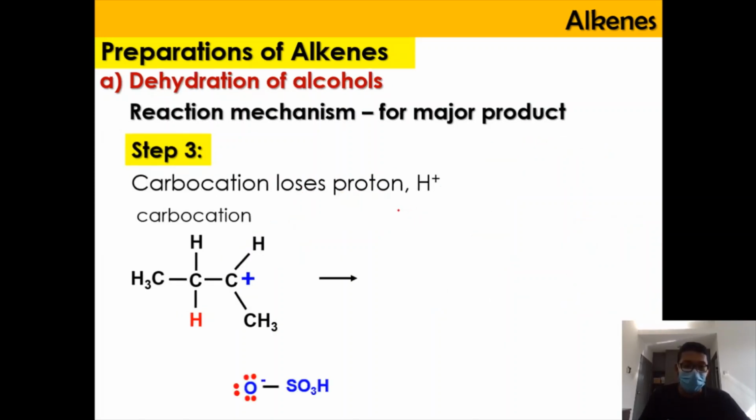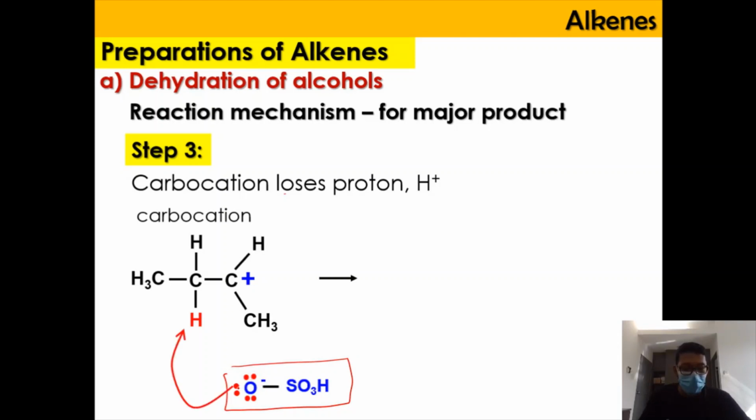Now for step number 3, the carbocation will lose a proton. The way that it can lose the proton is from the step 1 that we have produced just now, which is our SO3H and O minus here.